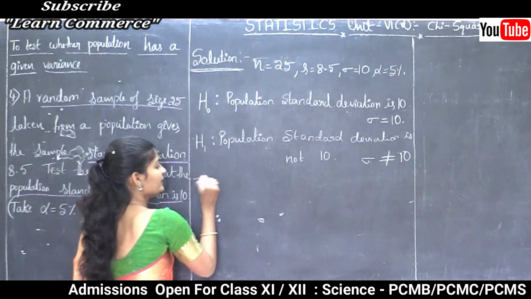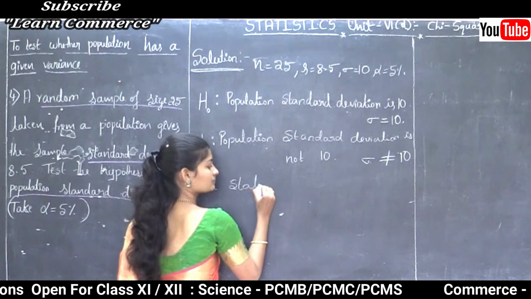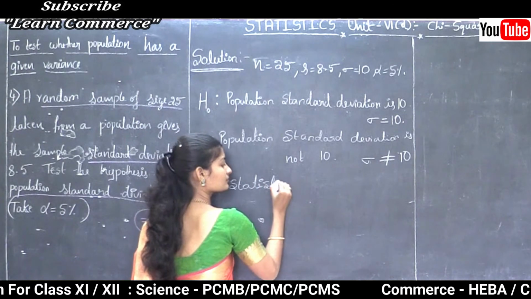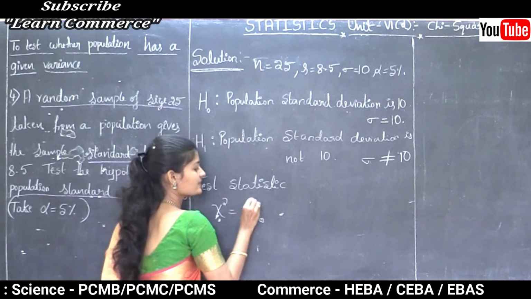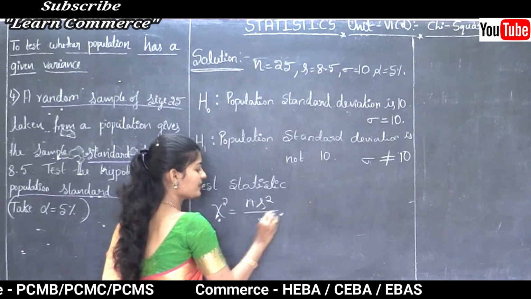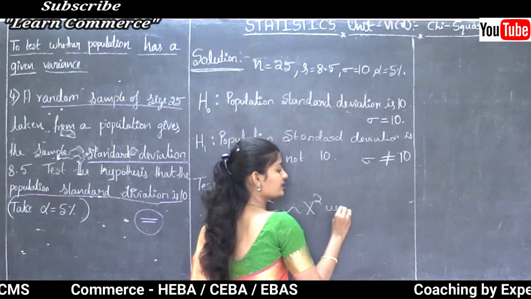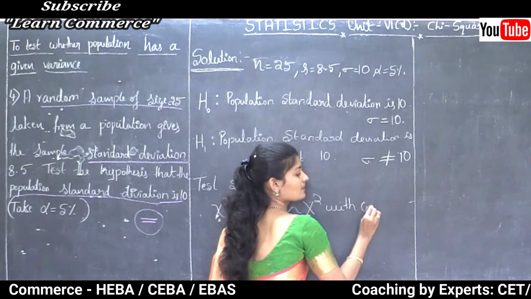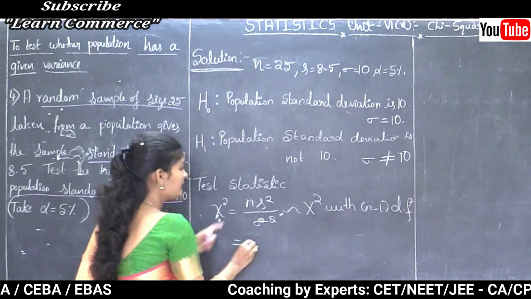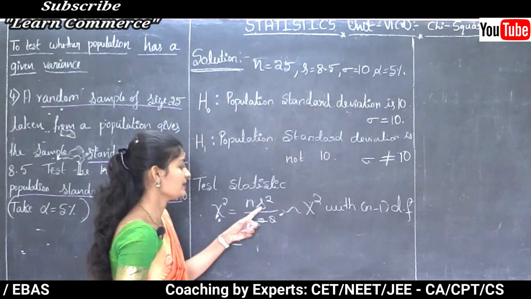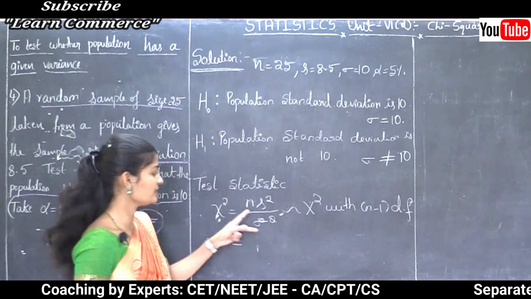Then step 3, test statistic. That is chi square is equal to n into s square divided by sigma square, which follows chi square with n minus 1 degrees of freedom. Here n, s and sigma observations are given, so I will substitute those values in this formula.